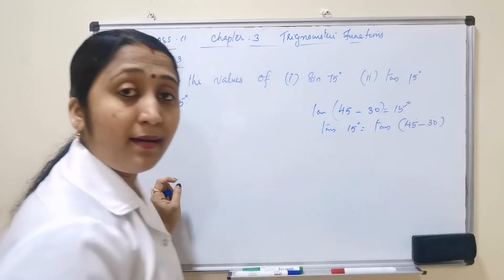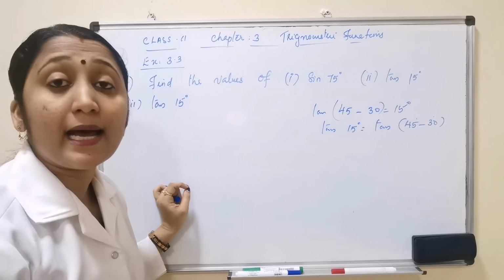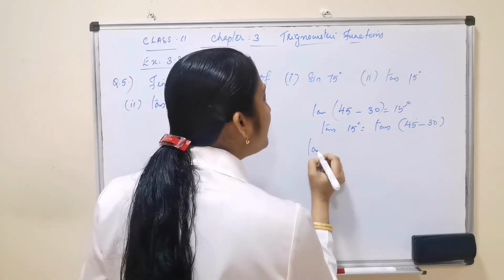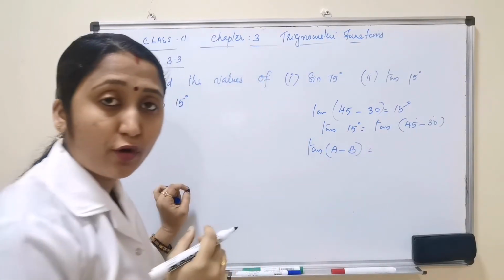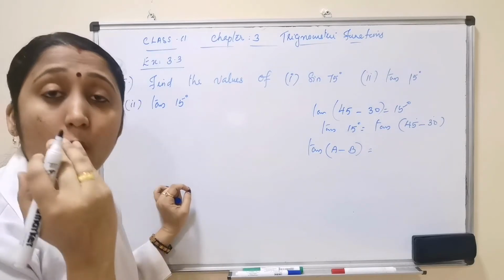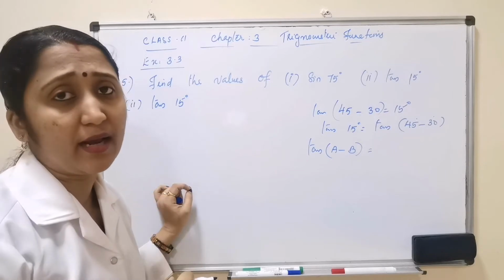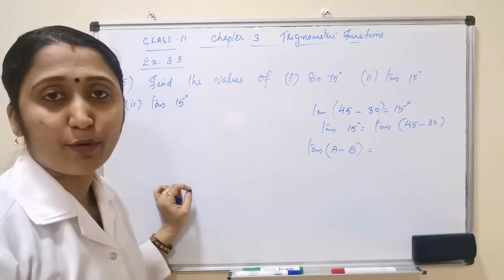Is it clear? Then we have to remember the formula of tan of a plus b. We already discussed the formulas: sine of a plus b, sine of a minus b, cos of a plus b, cos of a minus b, everything we discussed on my channel. If you haven't seen those videos, please check them out.